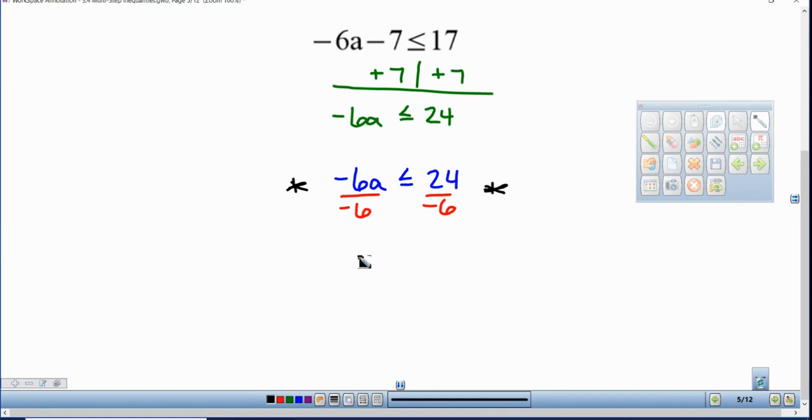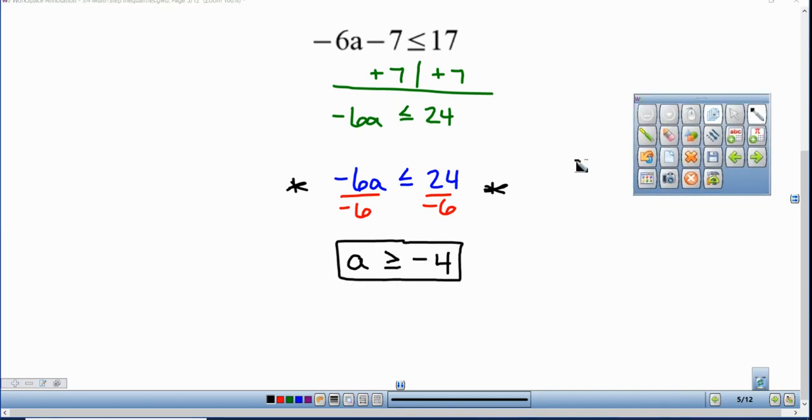We're going to flip that inequality symbol around. So it's a, flip this, so now it says greater than or equal to, and then 24 divided by -6 is -4. And so this inequality can be solved with any number greater than or equal to -4.